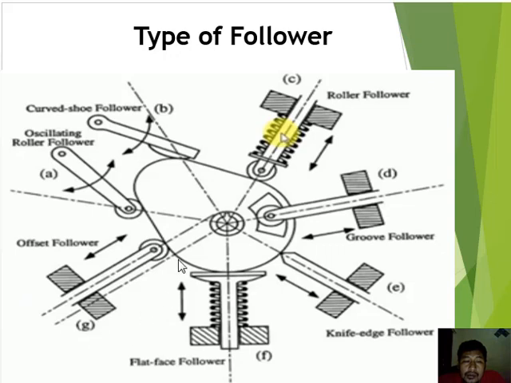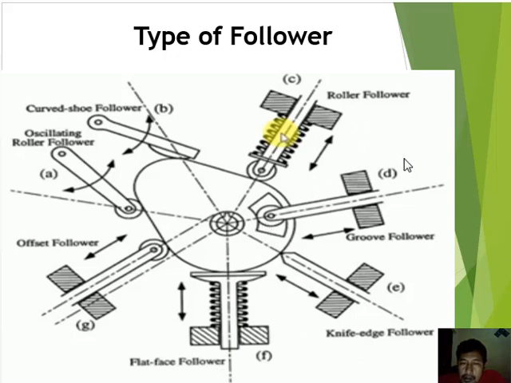The offset follower is used for displacement only for translating or linear motion. The flat base follower is most used in automotive construction, like the valve actuator in an automobile.